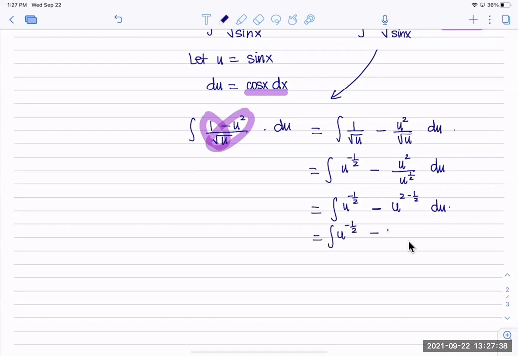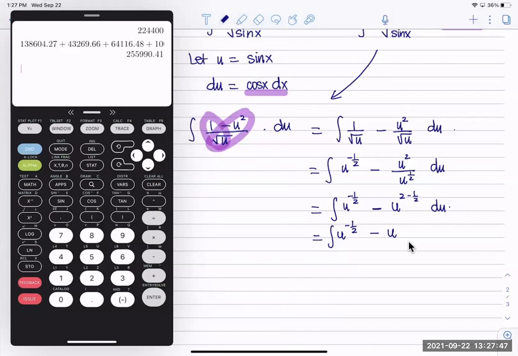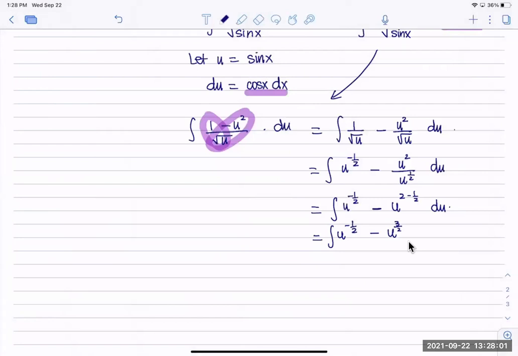What is 2 minus 1/2? If you still have trouble simplifying the fraction, you can put it in your calculator and convert that to a fraction, and that is u to the power 3/2. If you are confident with fractions, that's totally fine, you can do it by hand.